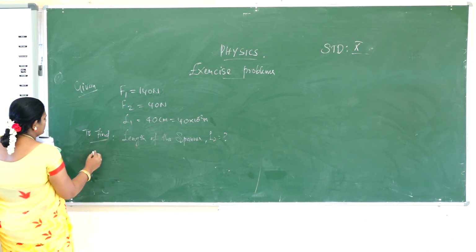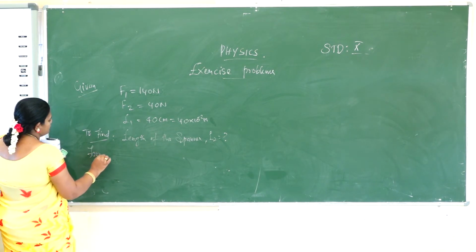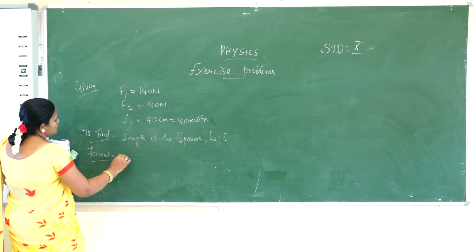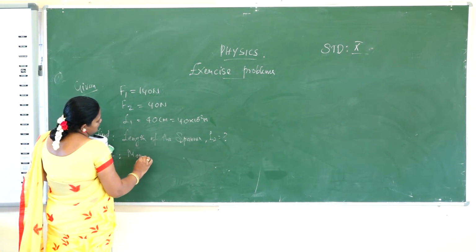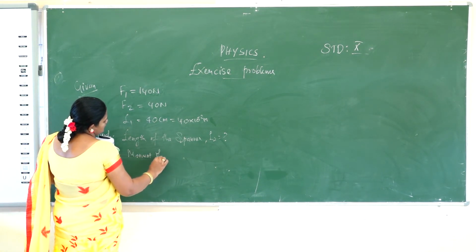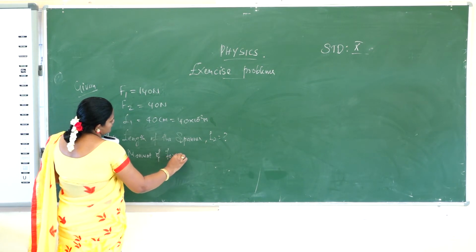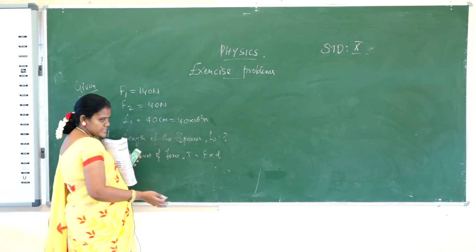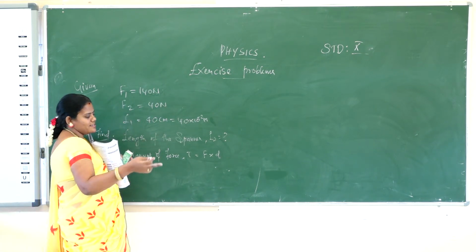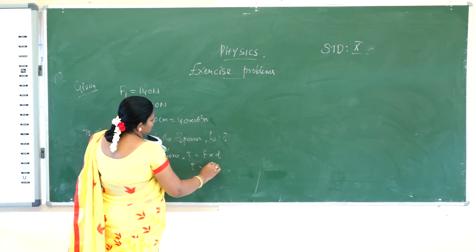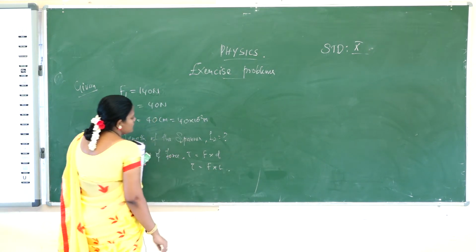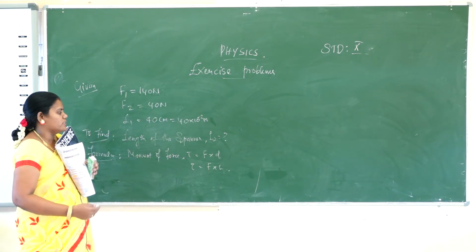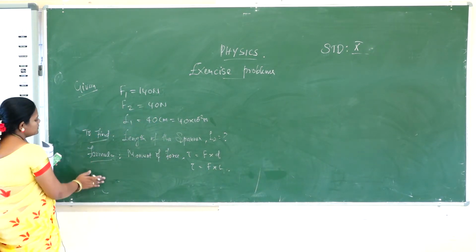What's the formula? Moment of force, tau, is equal to F into D, where D is the distance. In this problem D is considered as the length L. So tau is equal to F into L. Then the solution.